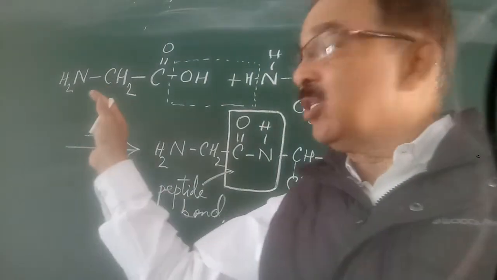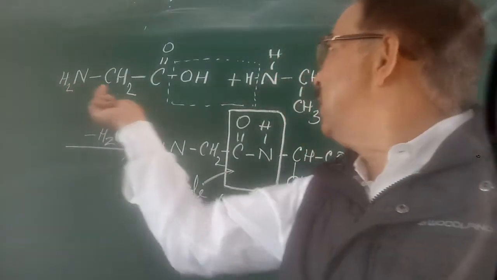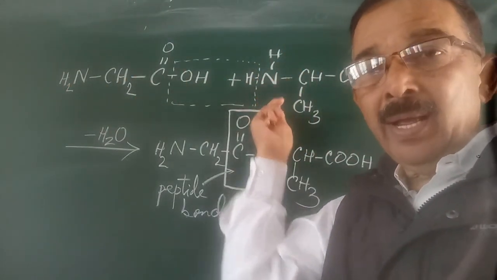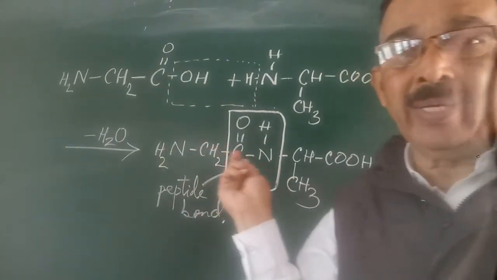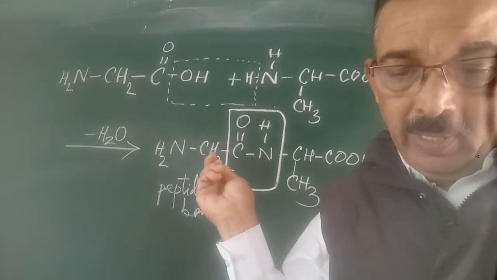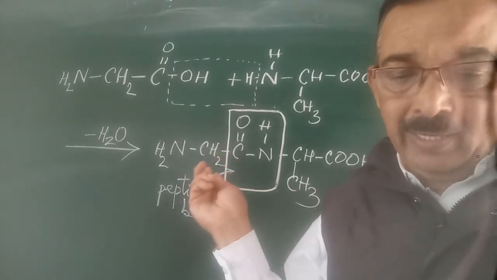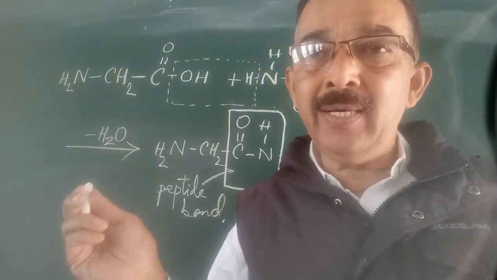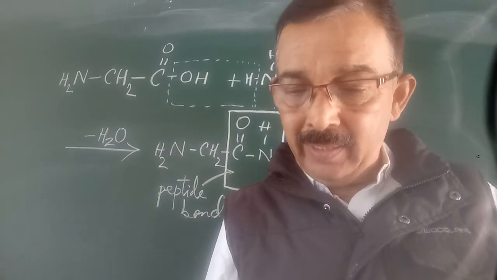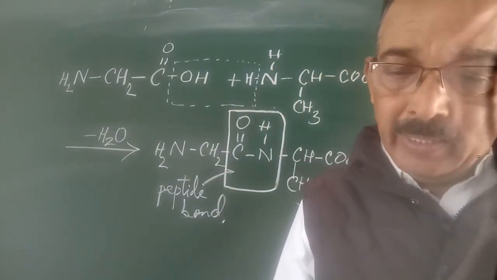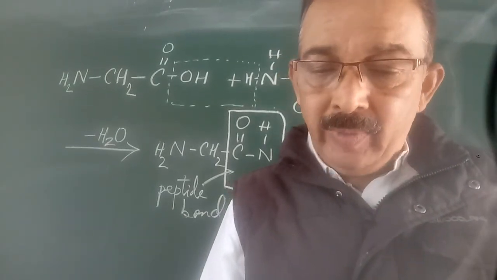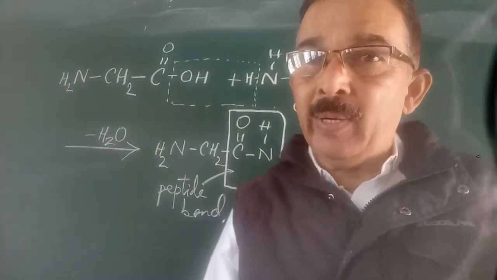In this case, it is being formed between glycine and alanine, and the polymer, here a dimer, we can say, is formed, that is called glycyl alanine. So we can say in this way that the product of the reaction is called a dipeptide.